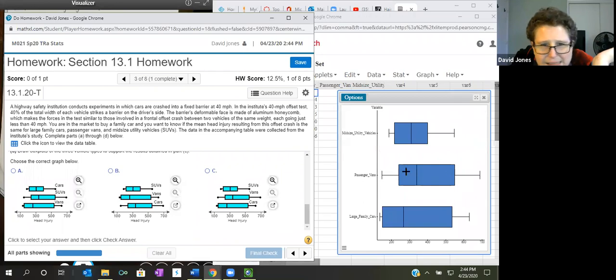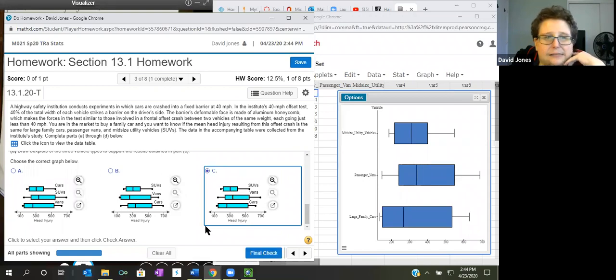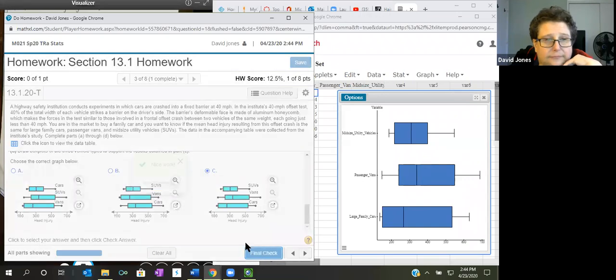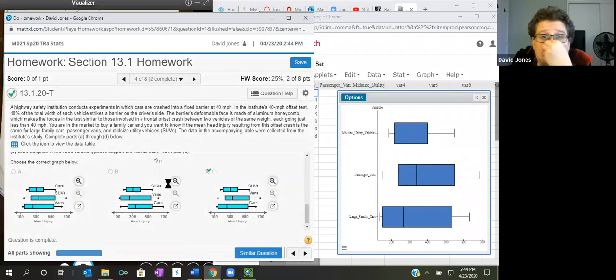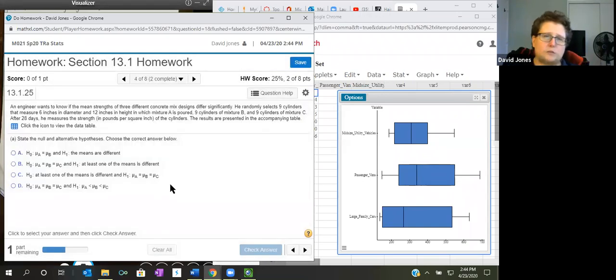Vans looks about right. Cars on B looks like it goes farther to the right. If I compare it to C, vans goes farthest to the right, then cars. That's how mine looks. These middle lines look about like mine. Mine looks like C. And that's how these problems work.